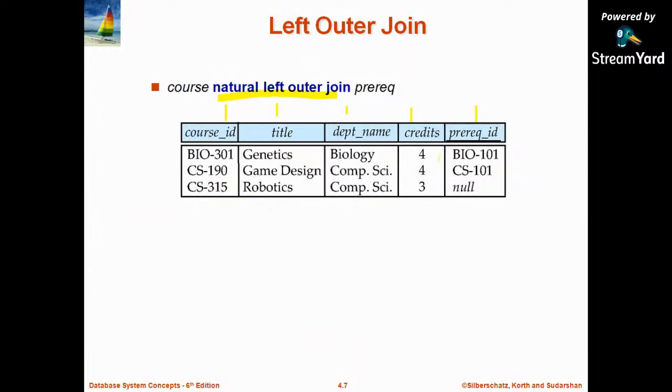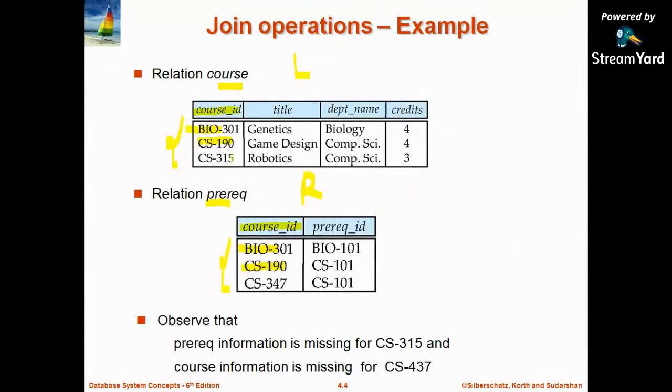So these entries will come in the combined table. We are doing the combination as we do in the Cartesian product. And then in the left outer join, you will be taking up all the rows which are present in the left hand side table. For the rows present in the left hand side table, if its match is present, you can see that the prerequisite of Bio 301 is Bio 101.